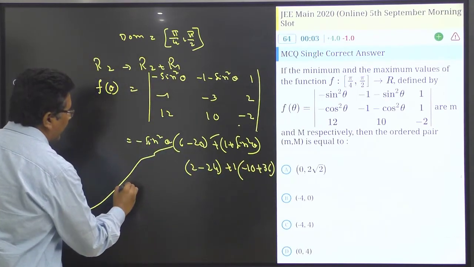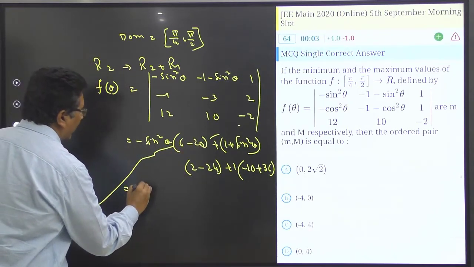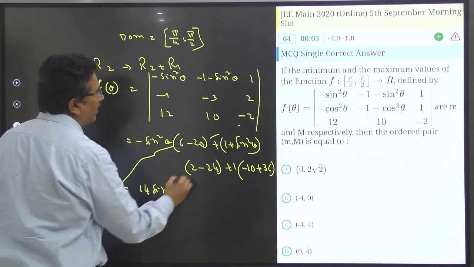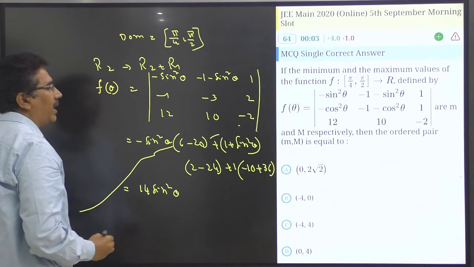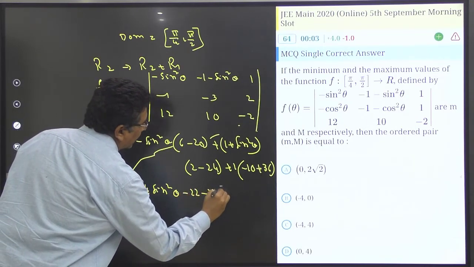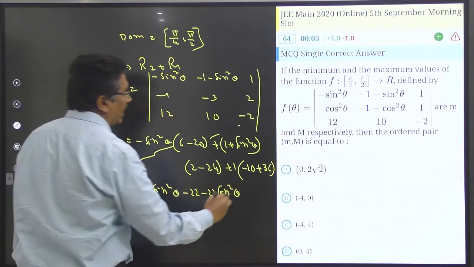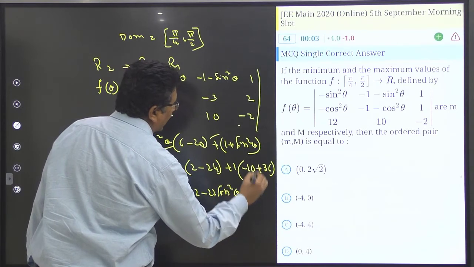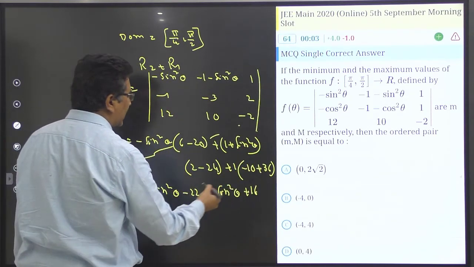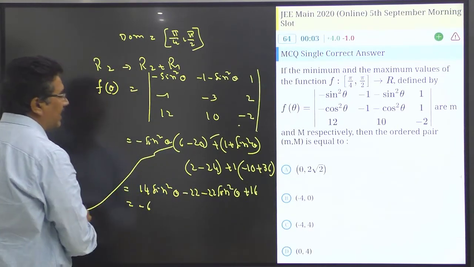Here 6 minus 20 gives minus 14 sine square theta. Now 2 minus 24 gives minus 22 sine square theta. 36 minus 10 is 16. Now 16 minus 22, that is equal to minus 6.